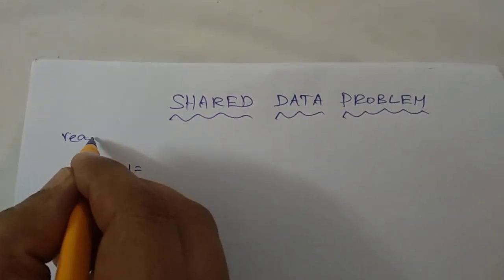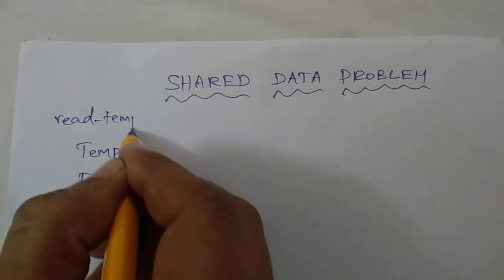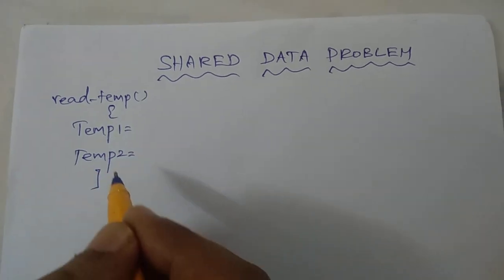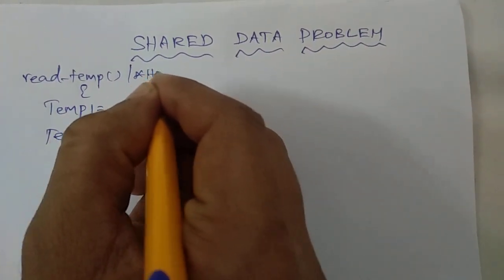We can use a function called read temperature, which reads the temperature and, let us assume, has the highest priority.